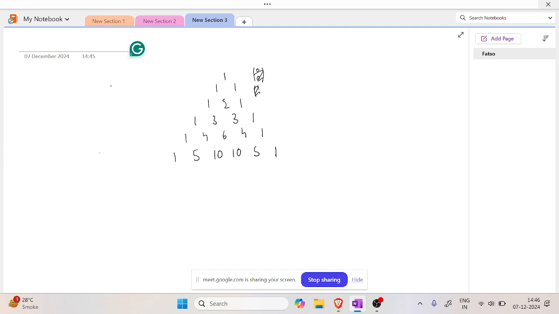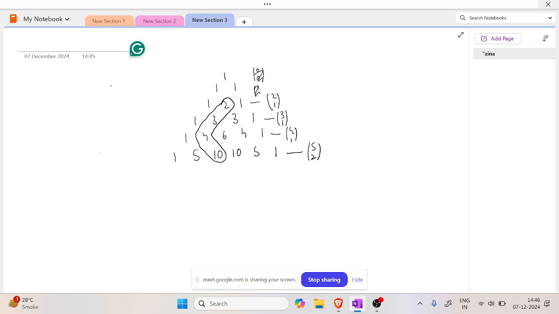So basically, if you take the stuff corresponding to this identity, from here you took 2C1, from here you took 3C1, from here you took 4C1, and from here you took 5C2.